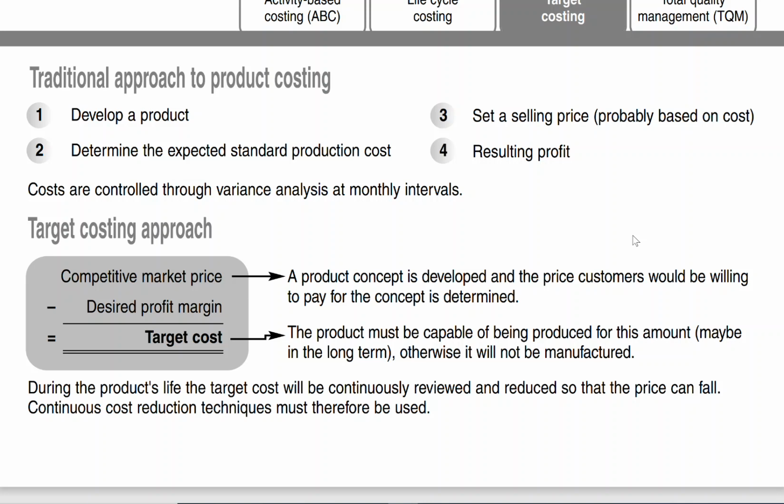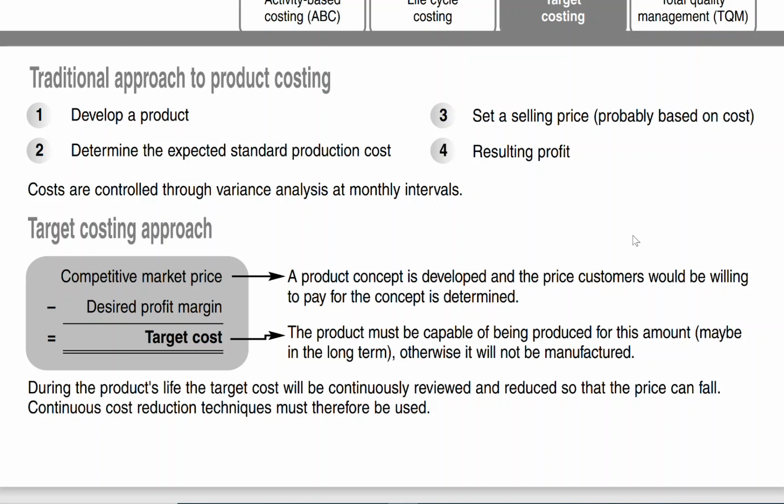So looking at the modern world, whenever we are deciding the price of a product, we look at the market as well. In cost plus pricing, we look at the cost of a product, we add profit, and that gives us the selling price. That is cost plus pricing. Now, target costing is the exact opposite of that.